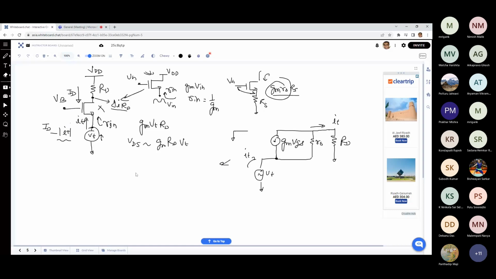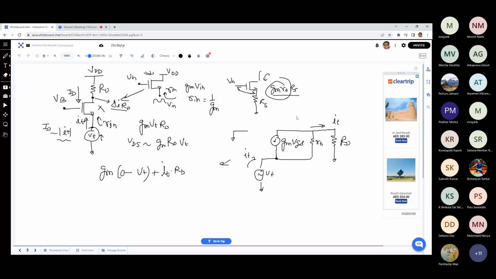Now, what is the expression? Again, simple, we can find the net current. gm VGS, where VG is 0 and VS is VT, plus you have the output. The output is nothing but IT times RD, right? Whatever IT flows into RD, you get IT times RD.